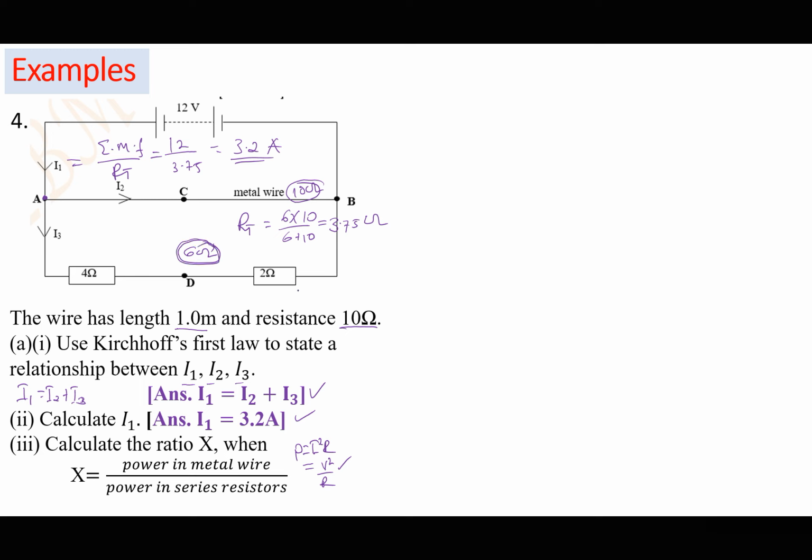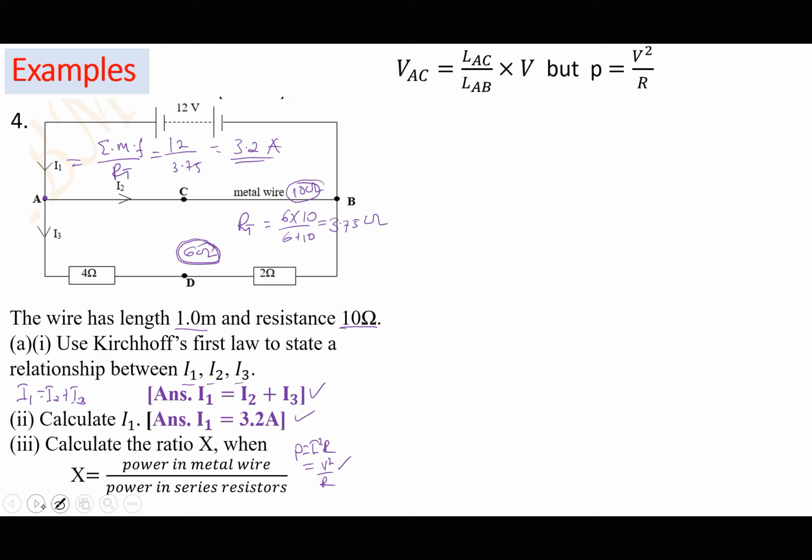So that gives me the ratio, which is, I think, going to be 0.6. So PD across SC is, of course, the length SC divided by the length AB times V.